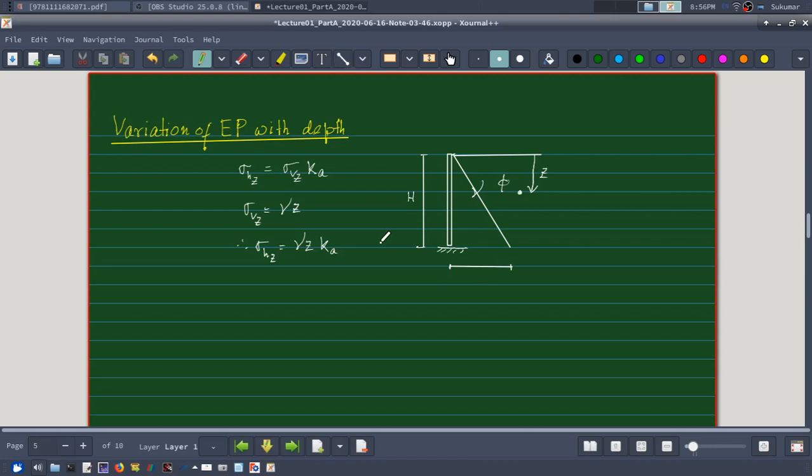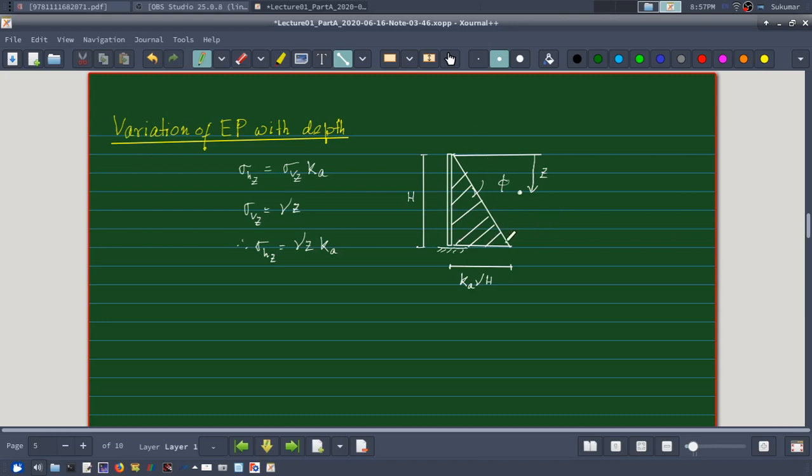At the bottom my earth pressure will be Ka times gamma times h, right? And therefore my earth pressure diagram will be this triangle. This triangle is giving me the variation of earth pressure. This is my earth pressure diagram, obviously.